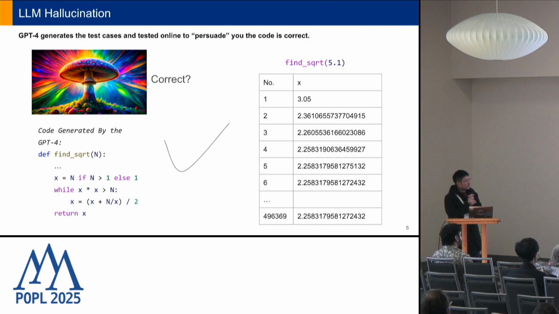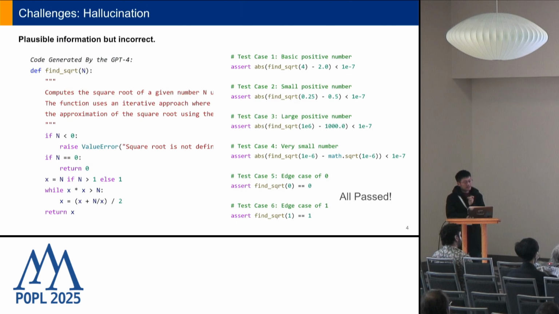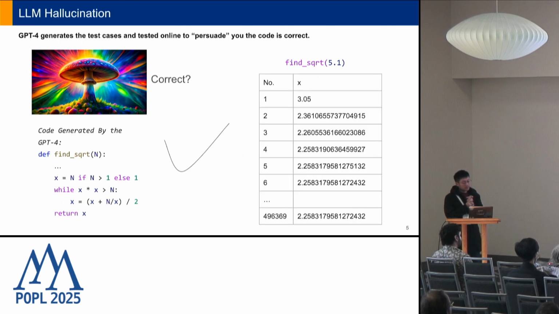However, because the guard condition is x squared larger than n, x equals the square root of n is hard to reach. So in the real world, because of floating-point precision error, many test cases can pass, but mathematically it is actually wrong code, and in some test cases it will go into an infinite loop.